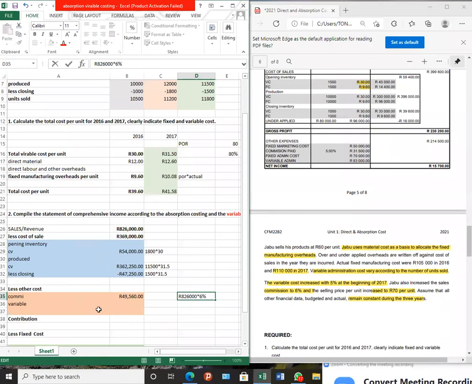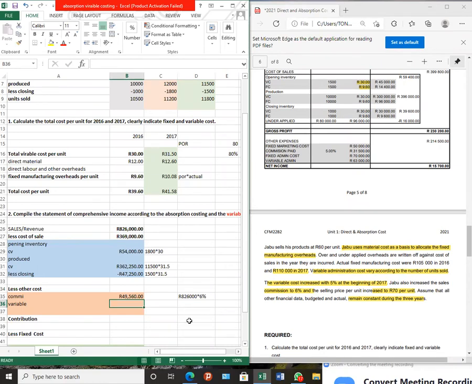Are we together, ne? Yes, sir. And then the variable admin, ne? Let's go to the variable admin. Even here, guys, please pay attention. The variable admin cost varies according to the number of units sold. Ne? Varies with what? According to the number of units sold.